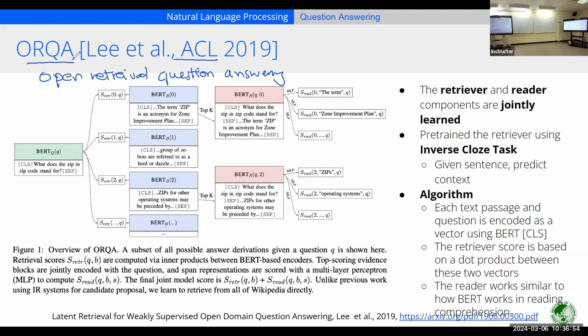So he said that, hey, I don't want to use TF-IDF. I want to create something. So how do we do that? Okay, firstly, this is what he wanted to do. He wanted to create a retriever and reader that can be jointly learned, right?